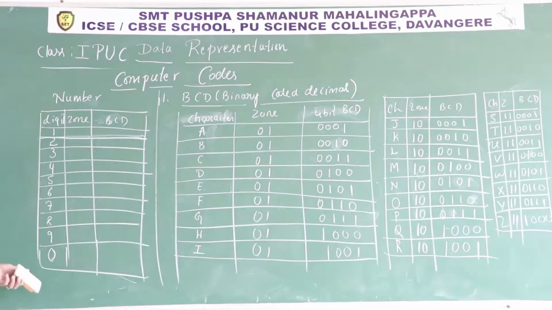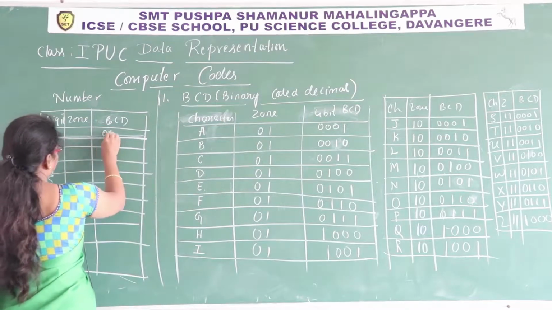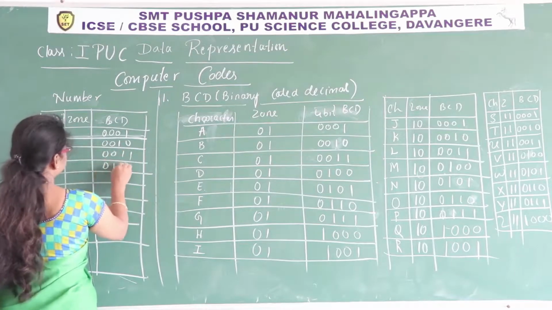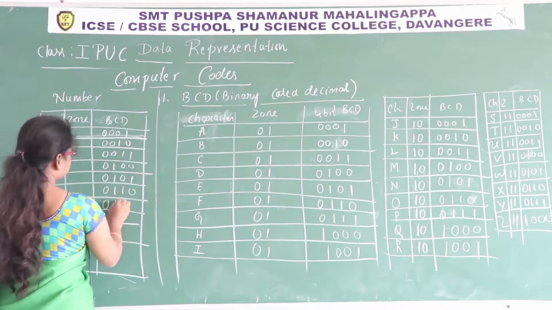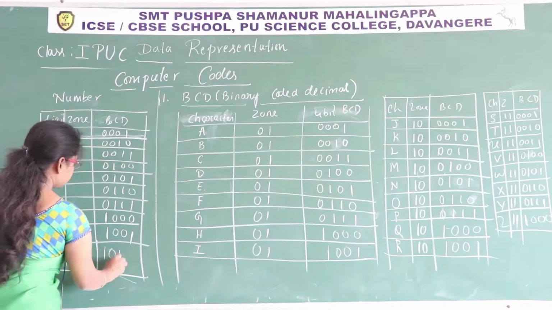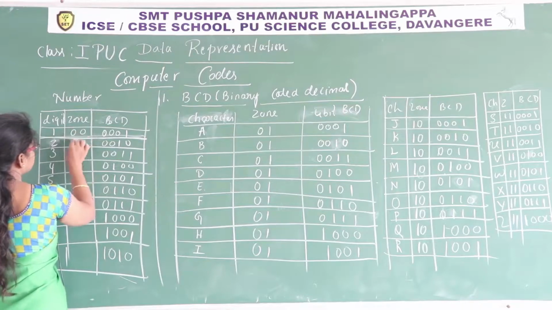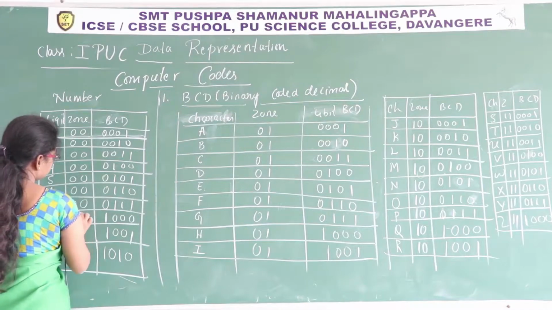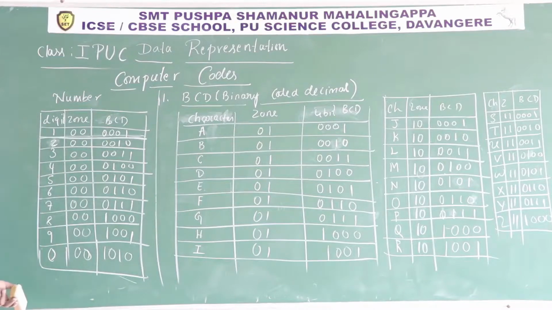If you can remember easily, you can write 0 at the beginning; this is the formal way of writing. Start again from 1, 2, 3, 4, 5, 6, 7, 8, 9, 10: 1010, since 8 plus 2 is 10, no? And the zone bits are 00, that is 0 in 2 bits. Understood? So this is BCD.